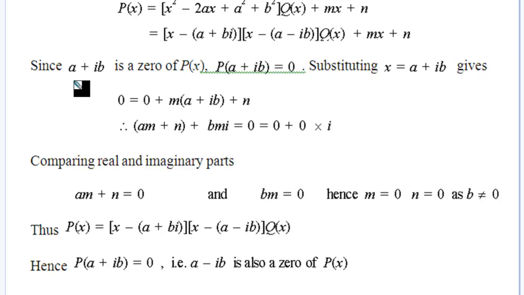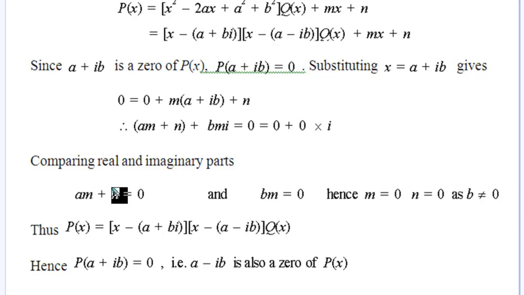Since a plus ib is a zero of p, that would be equal to 0. So if we substitute it in, we get 0 for the polynomial because we know it's a root. This part would give us 0, and then we get m times (a plus ib), because we're substituting in for x, plus n. So therefore we get am plus n plus bm times i, which is equal to 0, which you could write as 0 plus 0i.